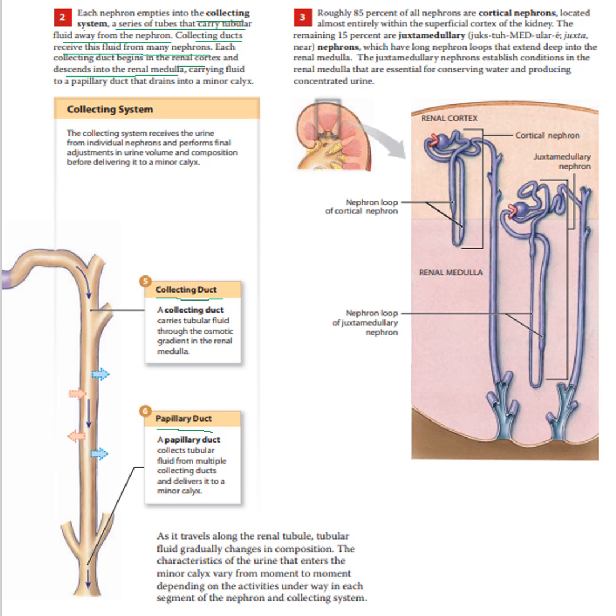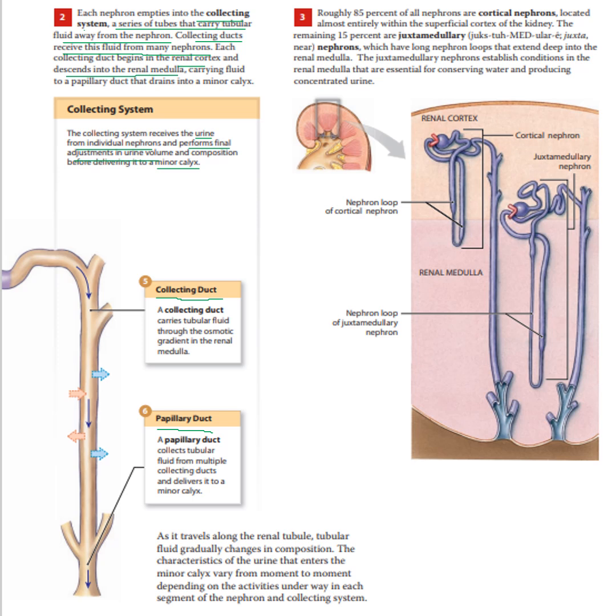So, the collecting system receives the urine from the individual nephrons and performs final adjustments in the urine volume and composition before delivering it to the minor calyx.